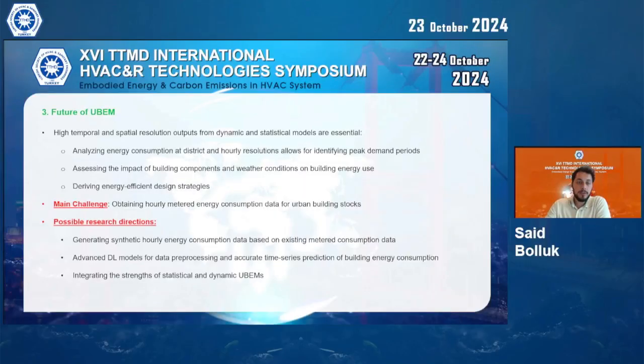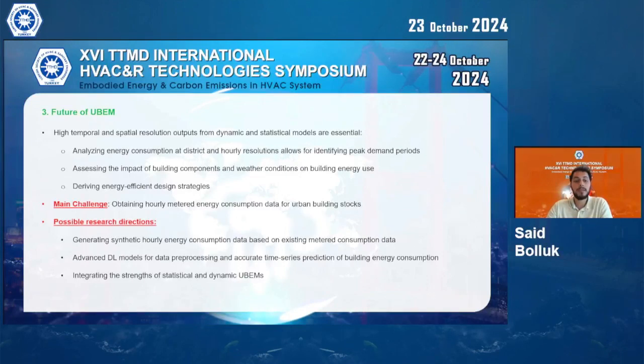After this practical utilization of UMI, I want to talk a little bit about the future of urban building energy modeling. So either from the statistical predictions or the simulation results from dynamic models, the literature shows us that the output of the urban building energy models are very essential to analyze the energy consumption at district and hourly resolution and identify peak hour demands in the urban power grids.